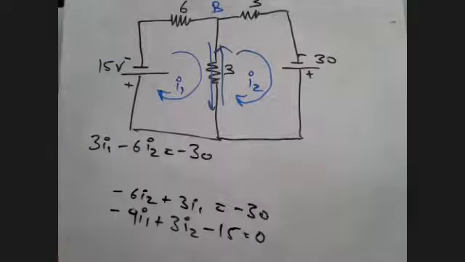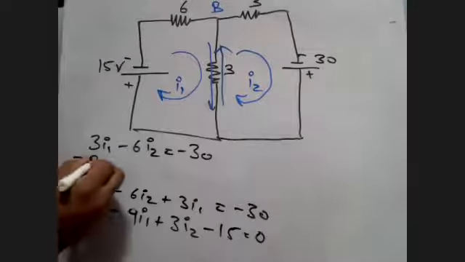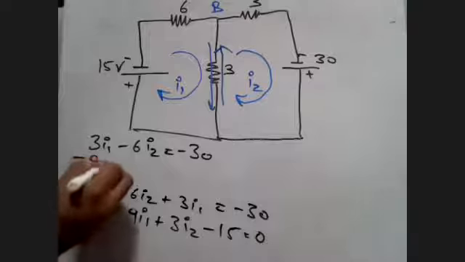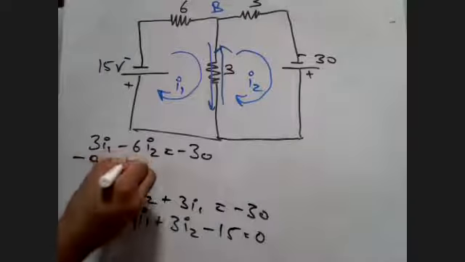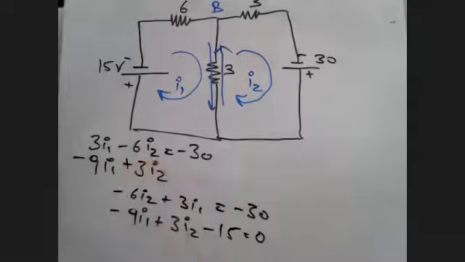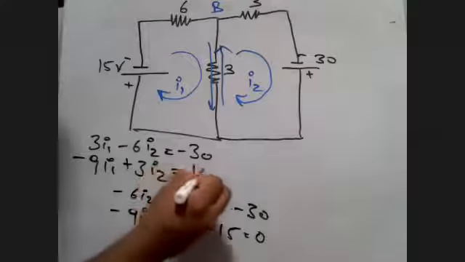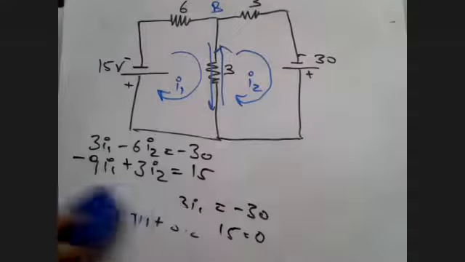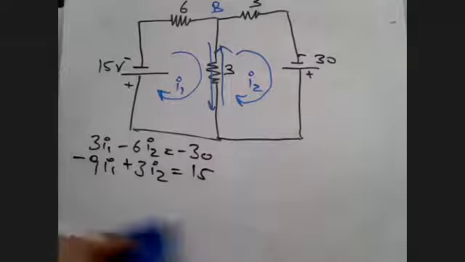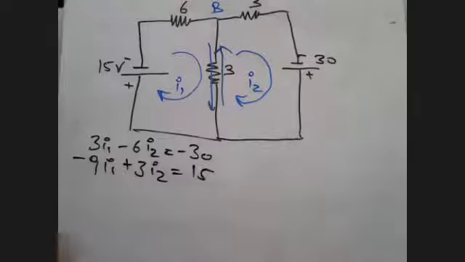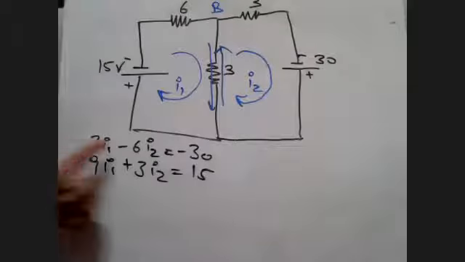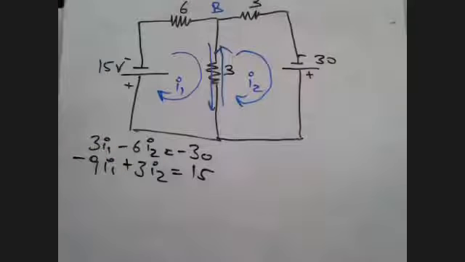And my second equation will be minus 9I1 plus 3I2 is going to equal to 15. So in this case, what can you do? Just multiply, or you can divide the second equation by 3, or you can multiply the first equation by 3. Okay, let's multiply the first equation by 3.